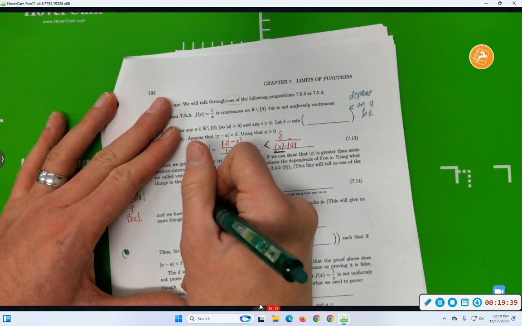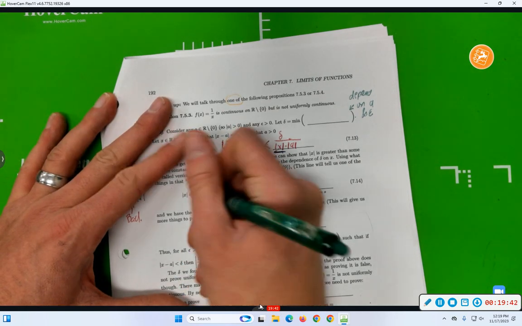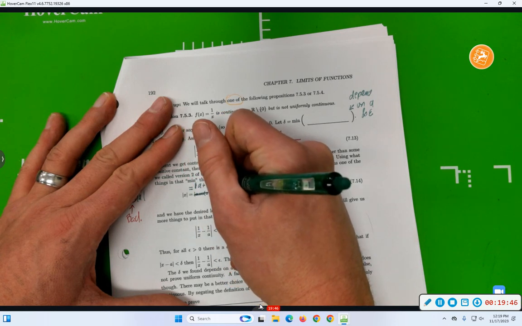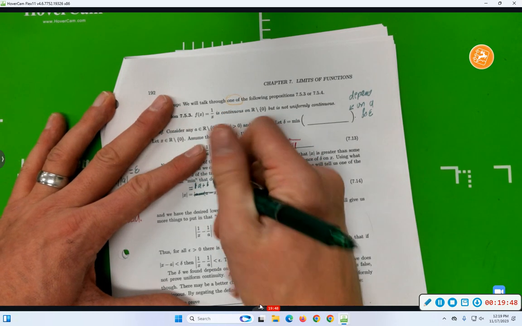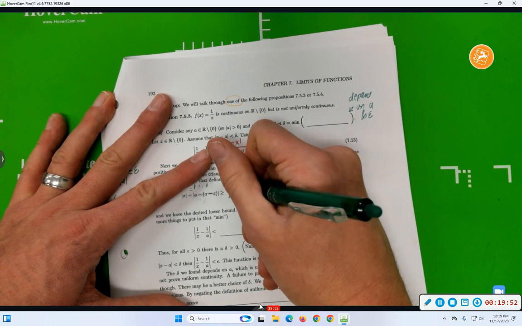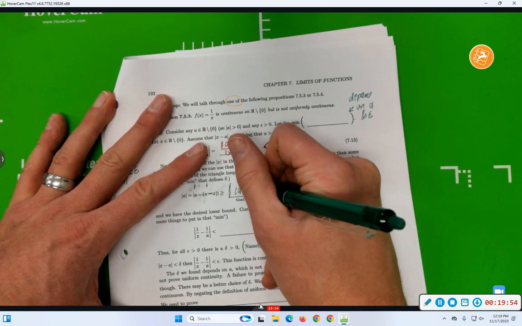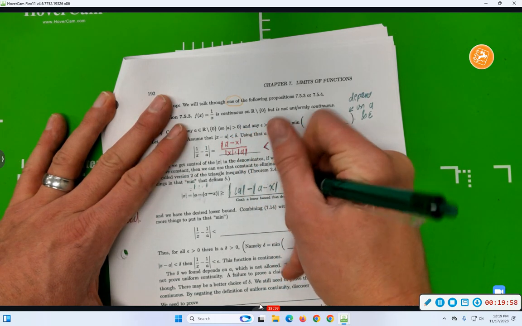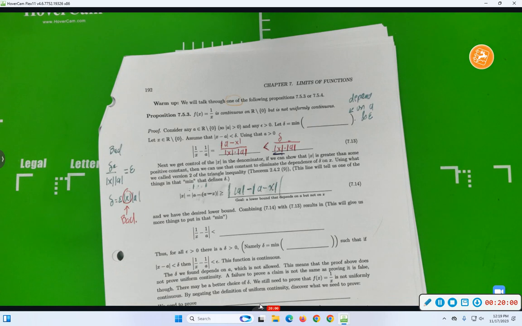Let's just put something else here. Oh no, that's the version I have to use. Okay. Yeah. Cool.